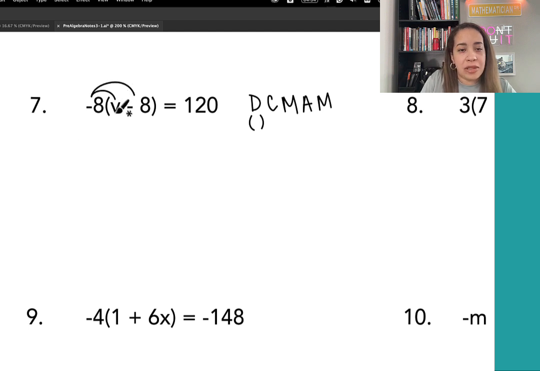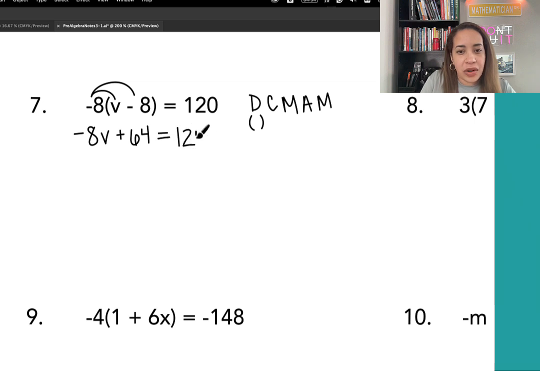Negative 8 times v is negative 8v. Negative 8 times negative 8 is positive 64. 8 times 8 is 64, and since they have the same signs, we get a positive answer.